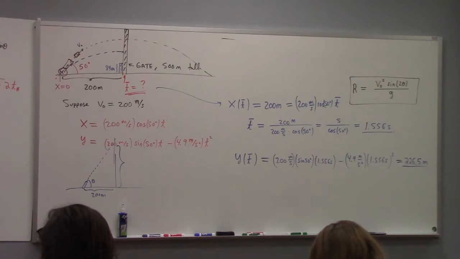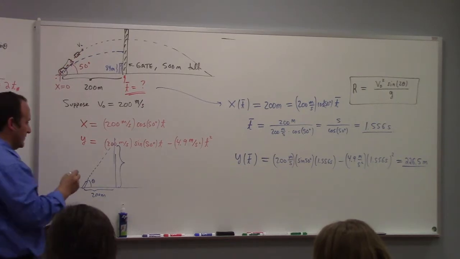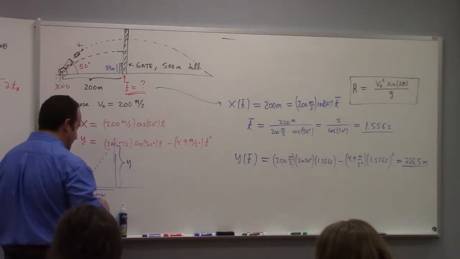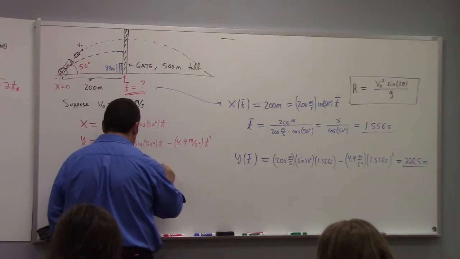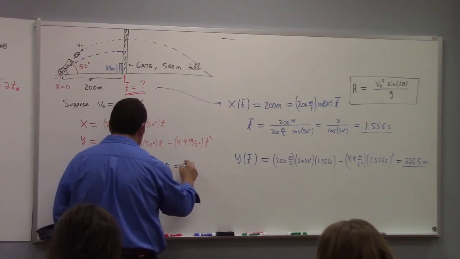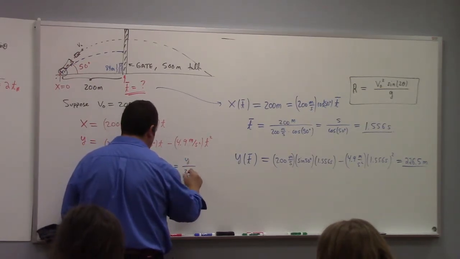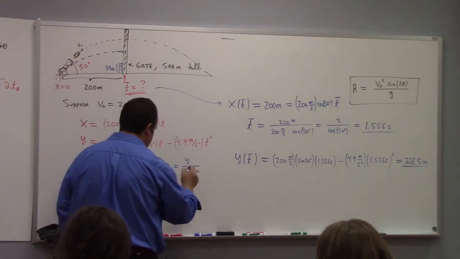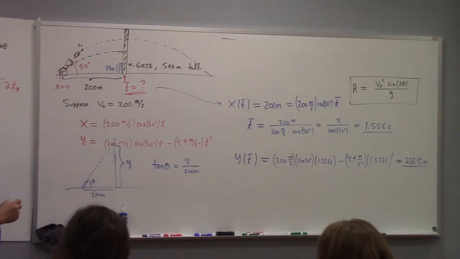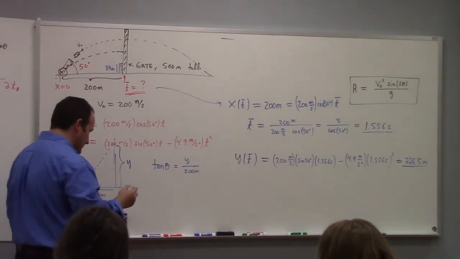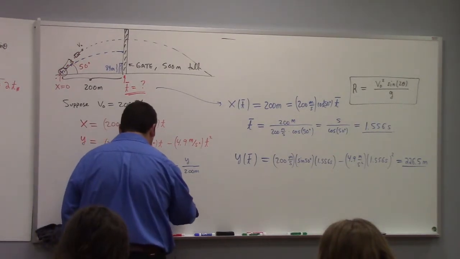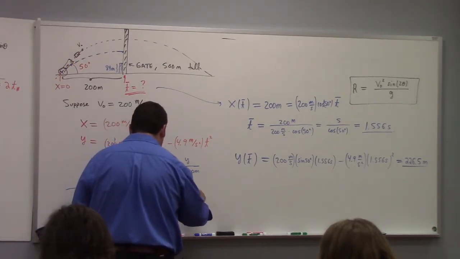You want your sine? You want your cosine? You want your tangent? Which one are we going to use? Let's call the thing we don't know y, right? Yeah, I heard a tangent. I like that. So the tangent of theta is going to be opposite over adjacent, right? So this suggests that y is something like 200 meters times tangent theta.